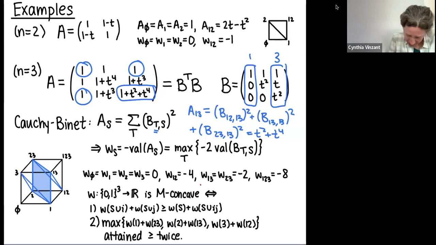And here, as I've attempted to draw, this breaks up the 3 cube into, I think, 4 maximal pieces. Have a tetrahedron, like a simplex on one side, a simplex on the other side, and then the middle octahedron is broken into 2 pieces along this square.